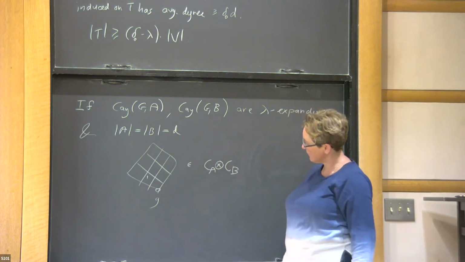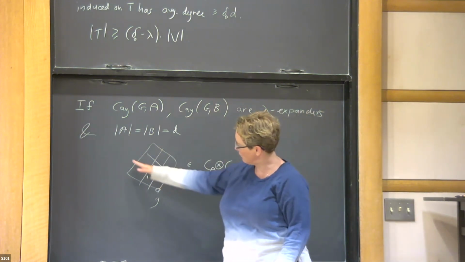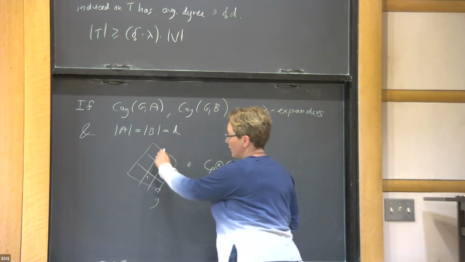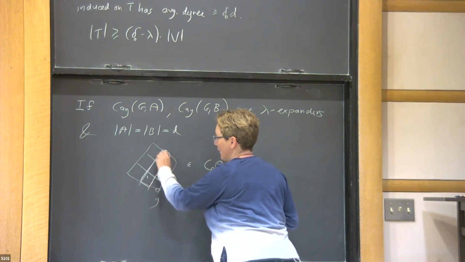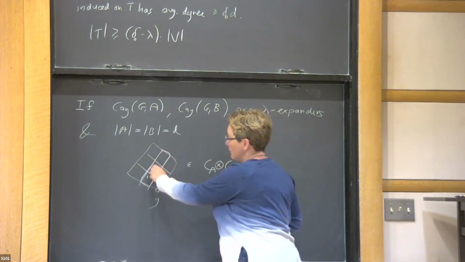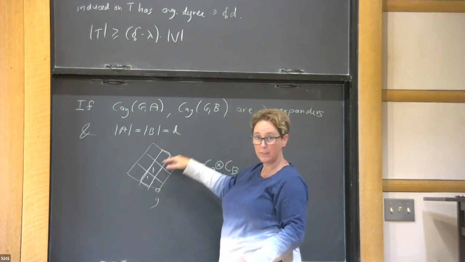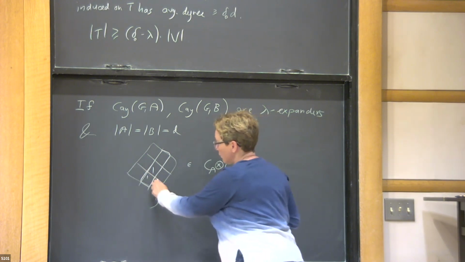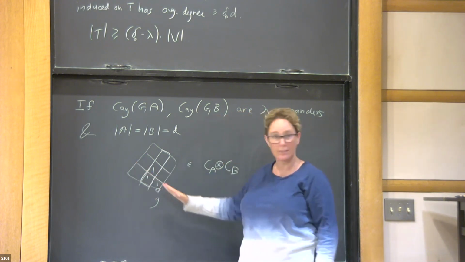So what does that mean? Every row belongs to CA and every column belongs to CB. Let's look at the column that belongs to CA. Since CA has distance delta naught, there must be at least delta naught fraction of ones here. And since this row belongs to CB, there should be at least delta naught fraction of ones here.